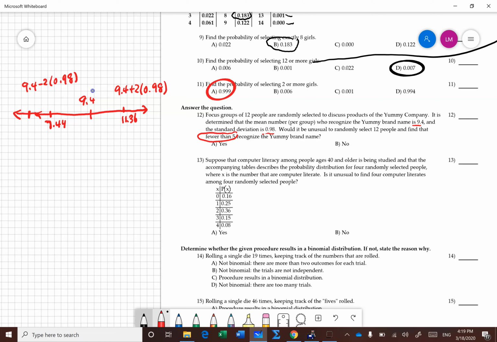A number between these two numbers is usual, and outside is unusual. Since 5 is outside of 7.44 and 11.36, it will be unusual.